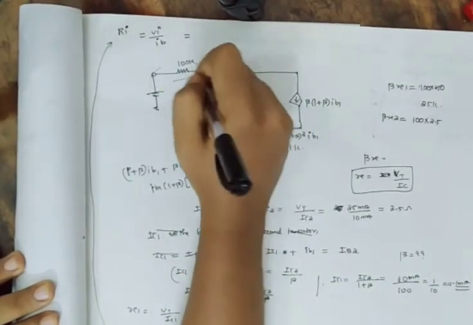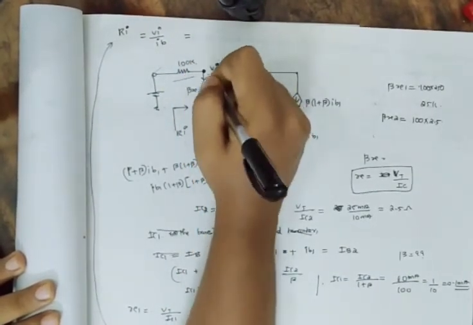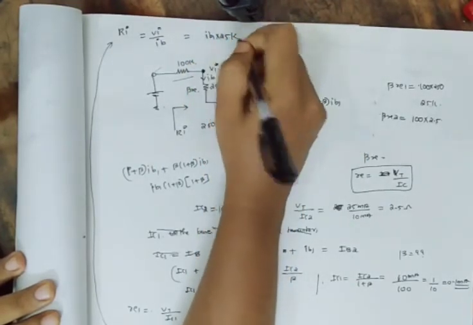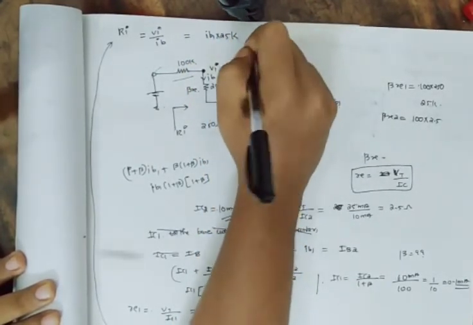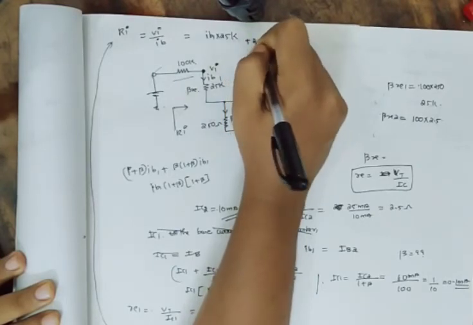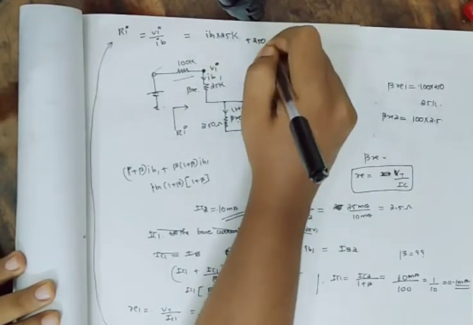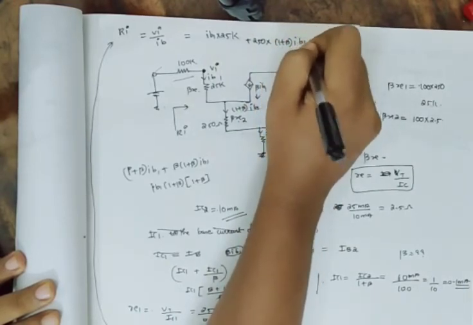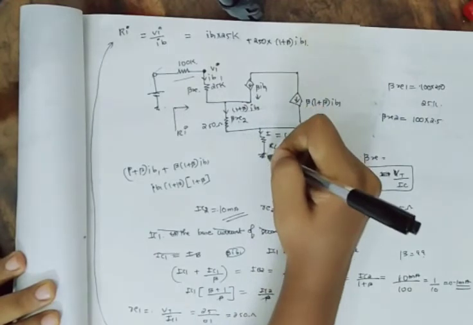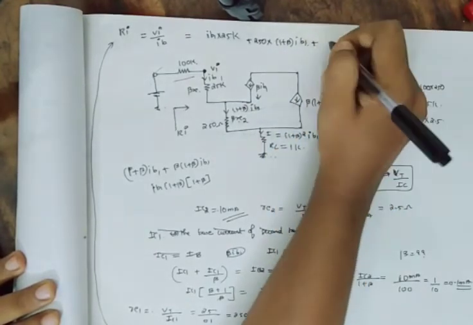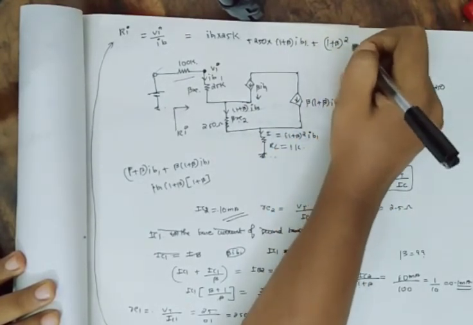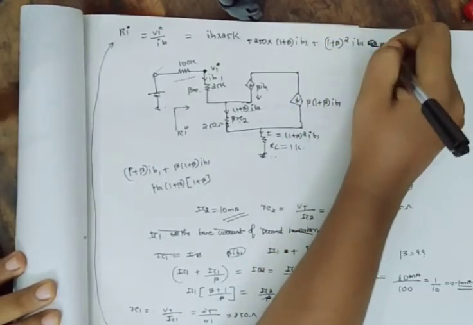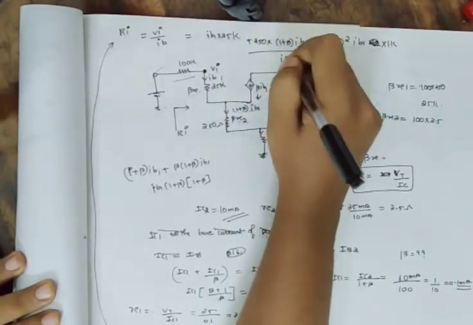So what is VI? We'll write for VI. We'll get IB1 into 25K plus 250 into 1 plus beta into IB1, again coming out here, plus 1 plus beta the whole square into IB1 into RL, that is 1K, whole divided by IB1.